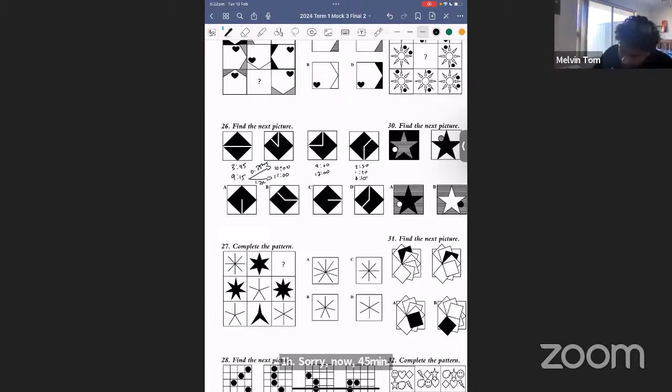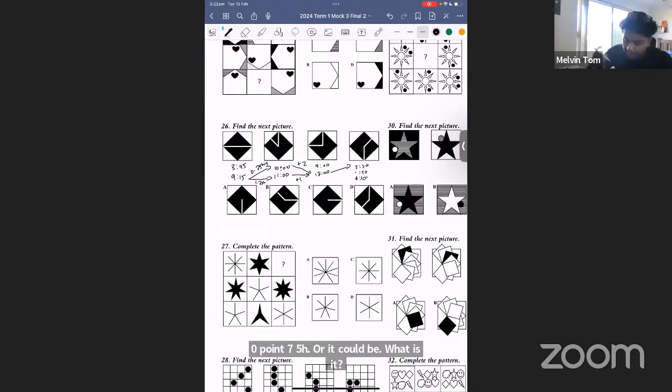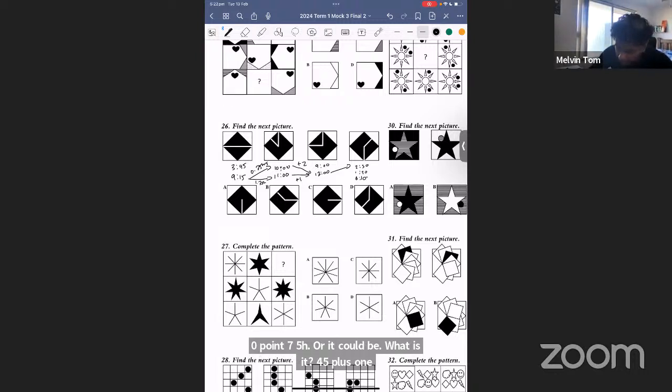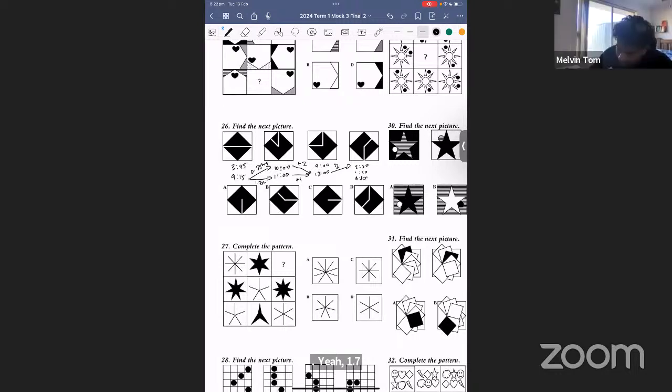And then from 10, you could go plus 2, or plus 1. Minus 2 wouldn't really make much sense to me. And then from 12, it went plus 2.5, or plus 1.5.